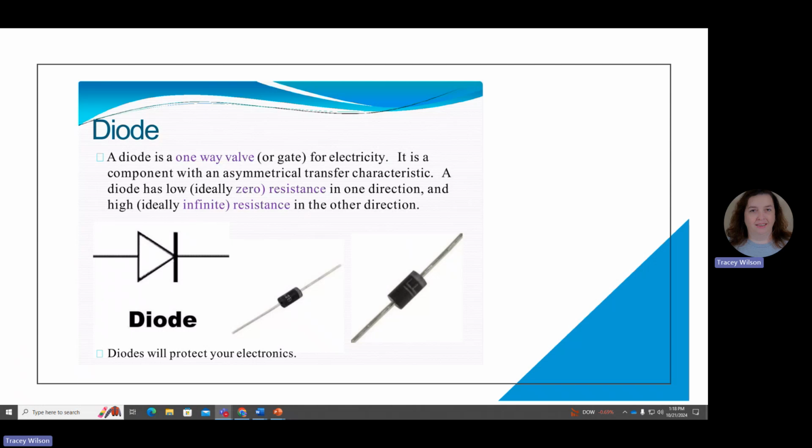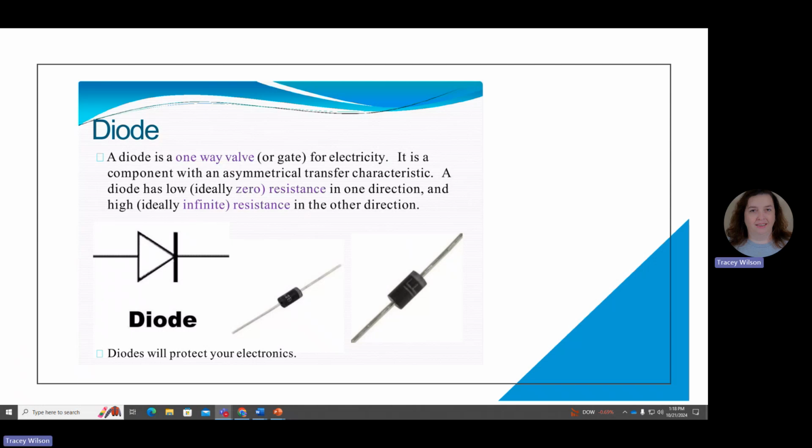So say, with solar panels, if you have an abundance of electricity, you can sell it back to your electric company, right? So that means the current can flow back the other direction. However, there are times where you don't want this to happen.